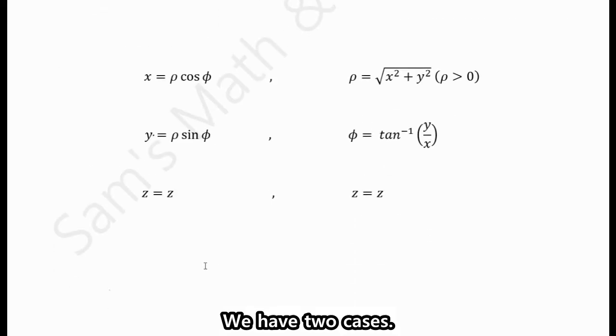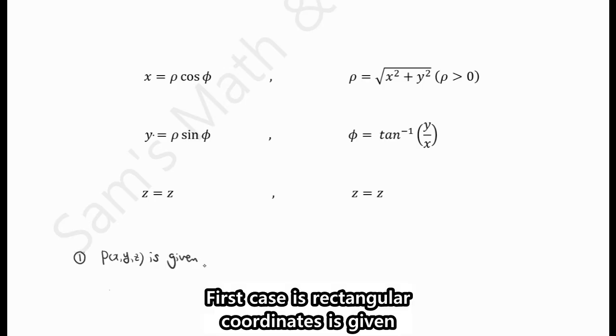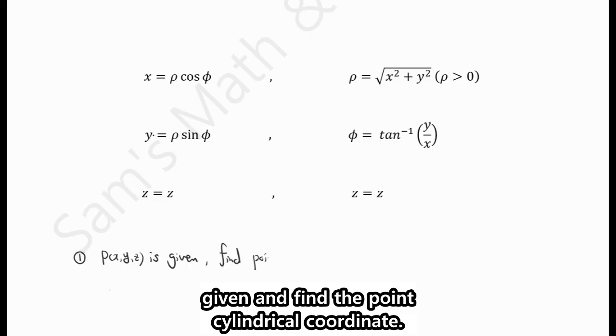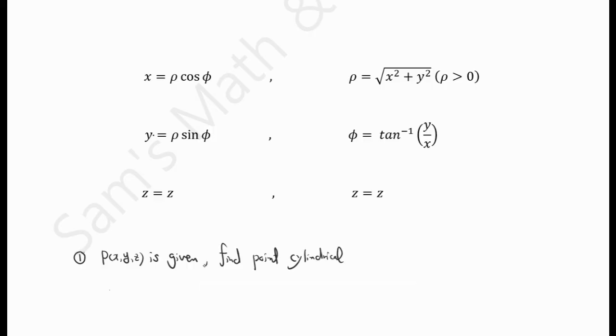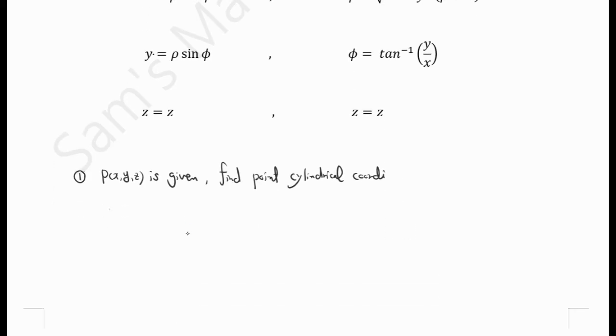We have two cases. The first case is when the rectangular coordinate is given and we find the point in cylindrical coordinates, so we already know x, y, z.